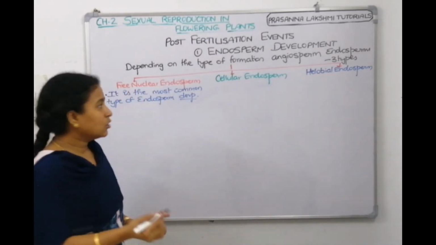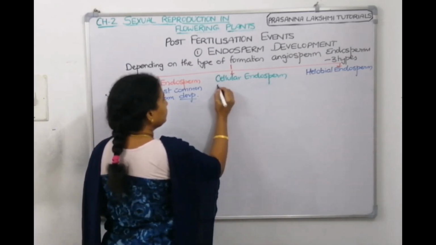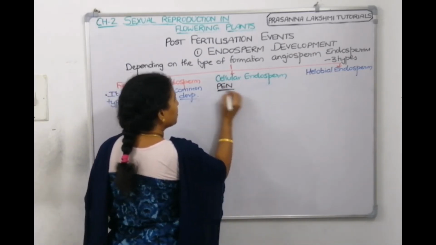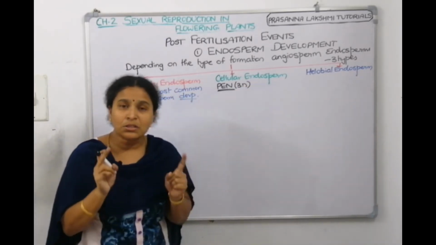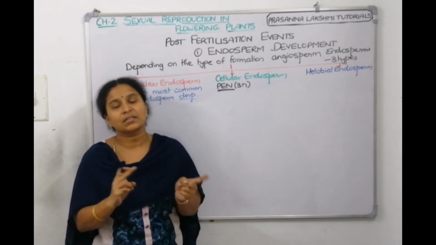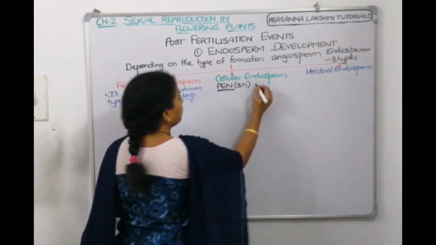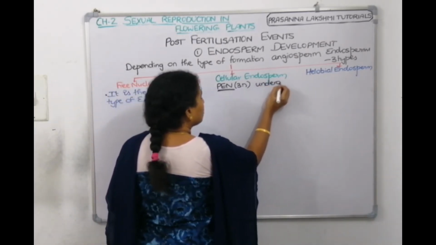So, what is cellular endosperm? Here we are telling that the primary endospermic nucleus, which is triploid, undergoes simultaneously both karyokinesis and cytokinesis.